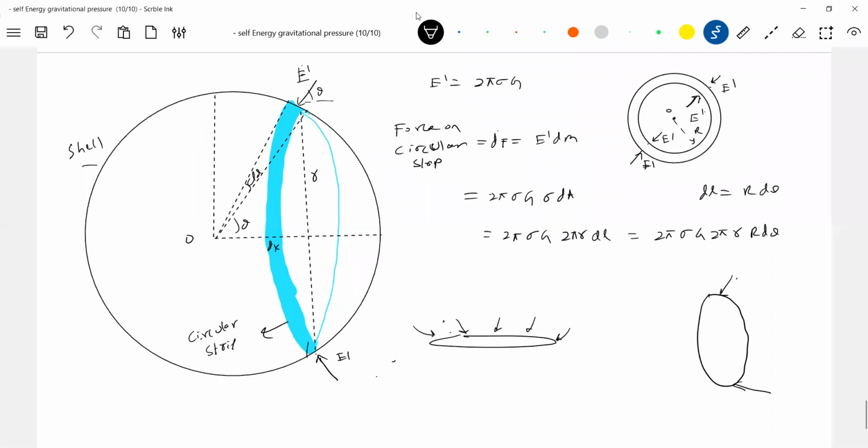Now which force component do you resolve this force into? So there are two forces that will come, no? I'll give the diagram. I think most of you are not able to understand. E dash cos theta will come like this.